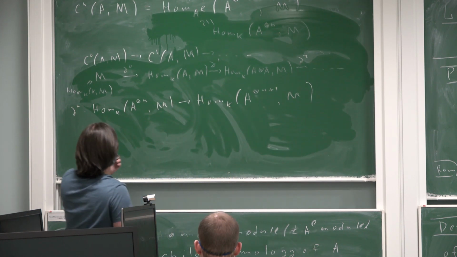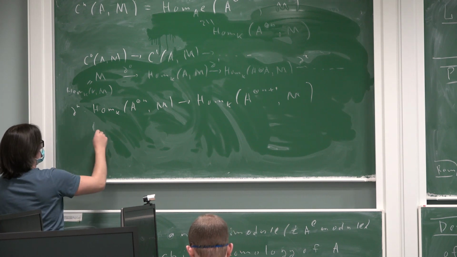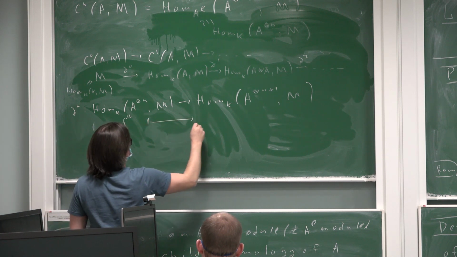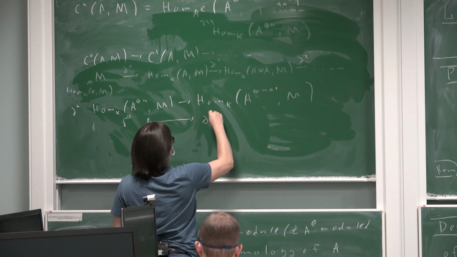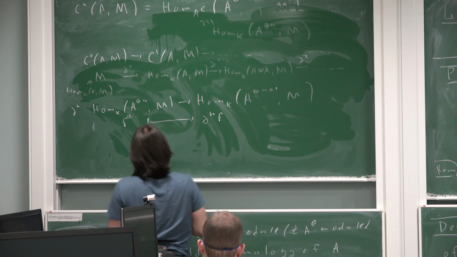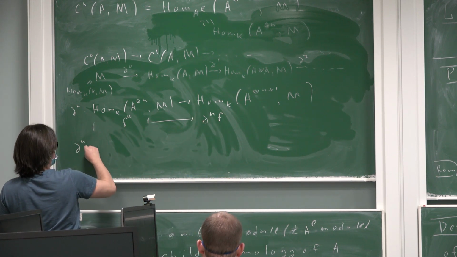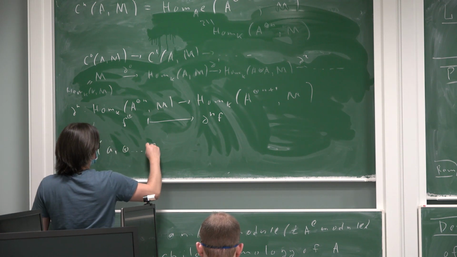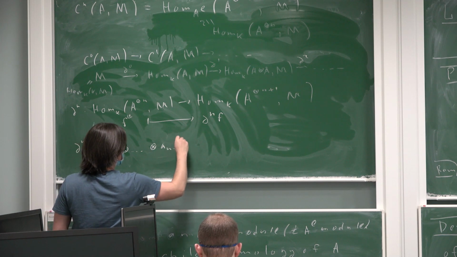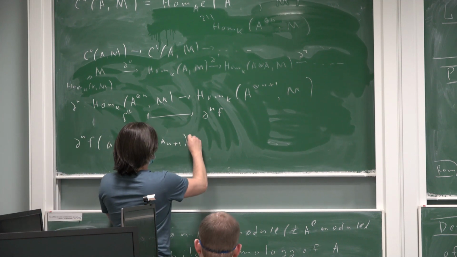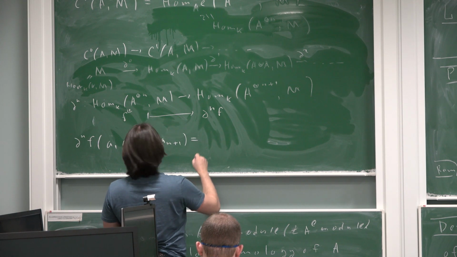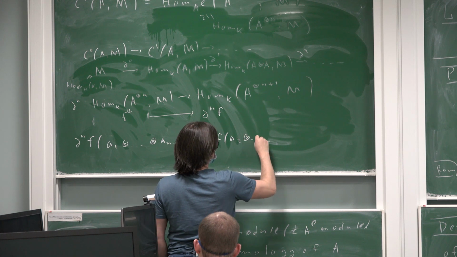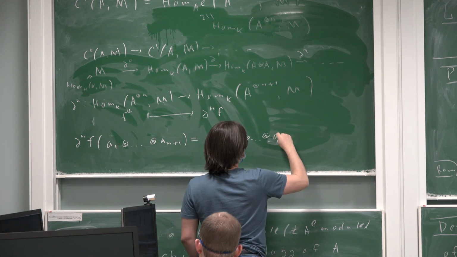And if we look at the definition, if you take f here, it goes to delta n f, where delta n f of a1 tensor so on tensor a_(n+1) is defined by the equality. First we take a1 times f of a2 tensor so on tensor a_(n+1).